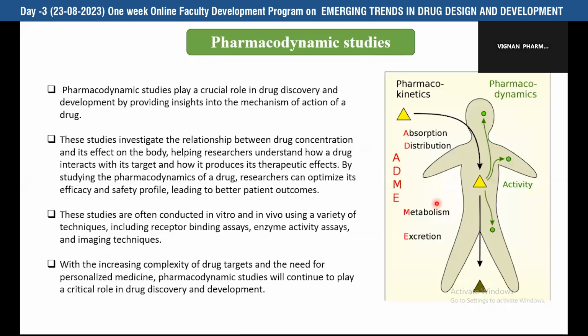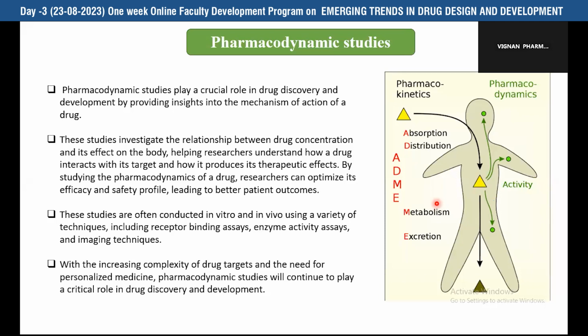Then comes the pharmacodynamic studies. The pharmacodynamic studies are also an important study, which gives information about how much drug is absorbed and distributed, and what the response of your body is when the drug is given.